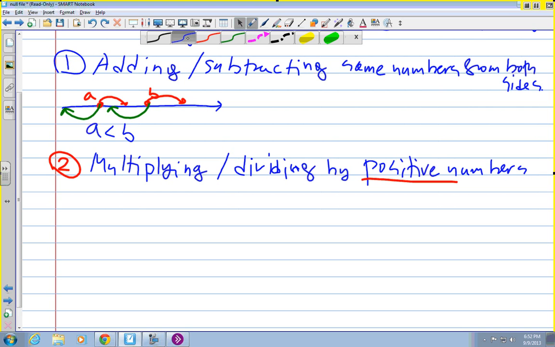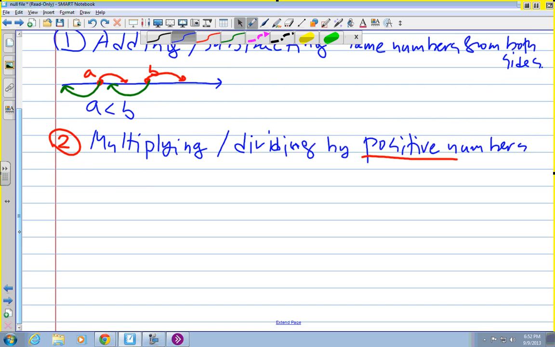If I just do a numerical example, let's say 3 is less than or equal to 7. Is that a true statement? Yeah. And if I just multiply both sides by, let's say, 2, I'll end up with 6 and 14. Right? So the inequality still faces the same way.